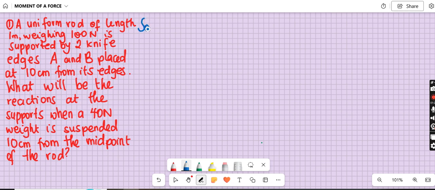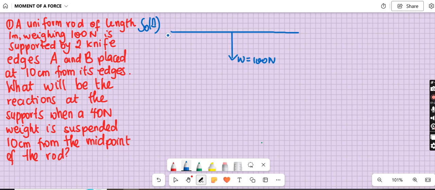So, to solve this question, we'll start by drawing a diagram. We have our uniform rod of length 1 meter weighing 100 Newton. That means that from the center of the rod, there's a weight of 100 Newton pointing downwards.